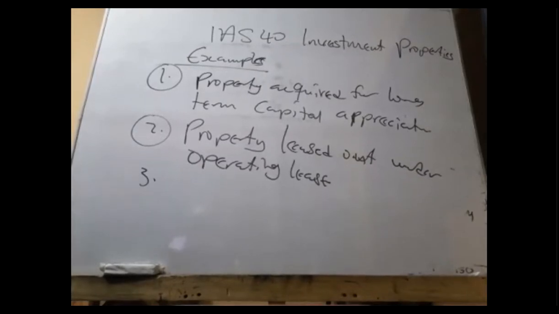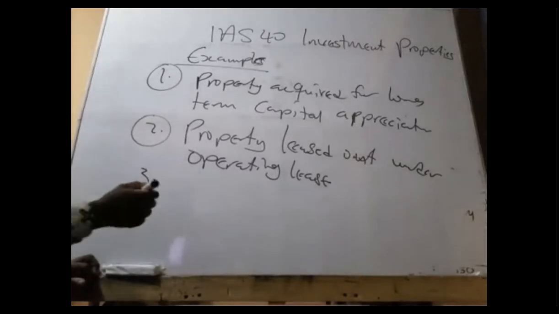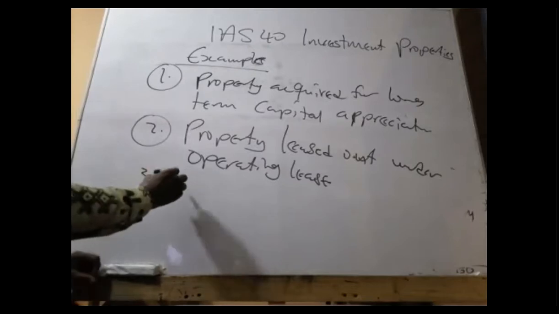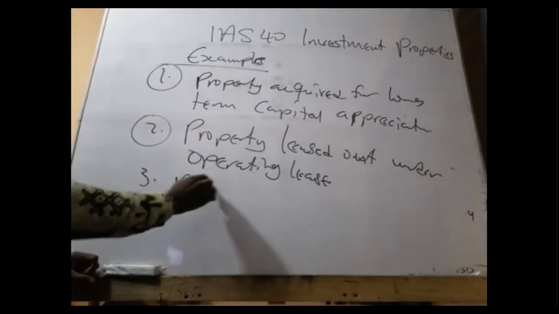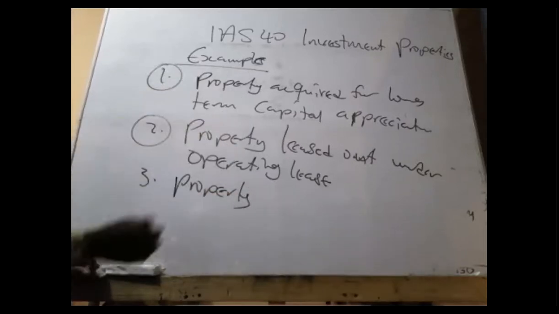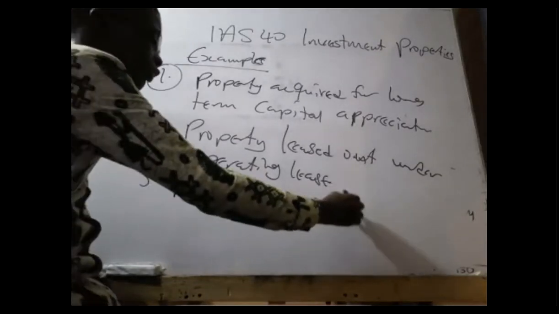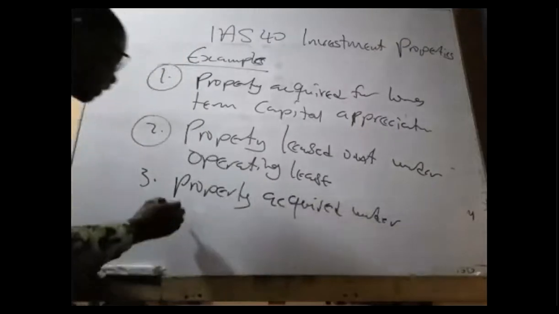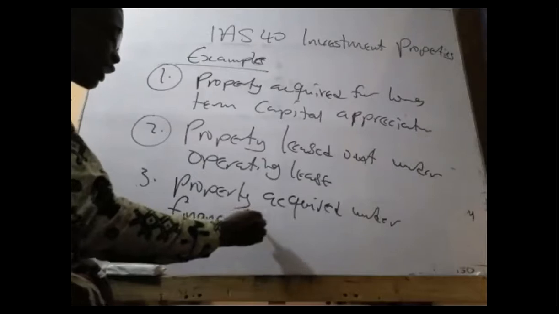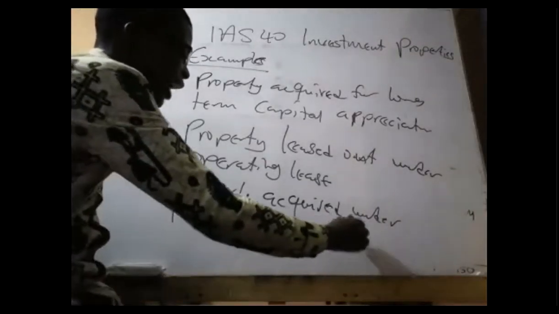Number 3: property, the reason why we mentioned property is land or building, acquired and under finance lease and rented out.